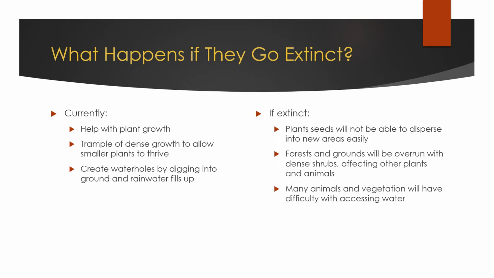And many animals and vegetation will have difficulty accessing water. Since these elephants are currently digging up water holes, if they were to go extinct, a lot of organisms might die of thirst.